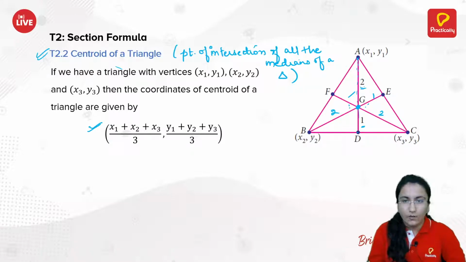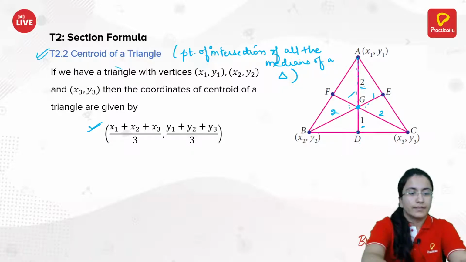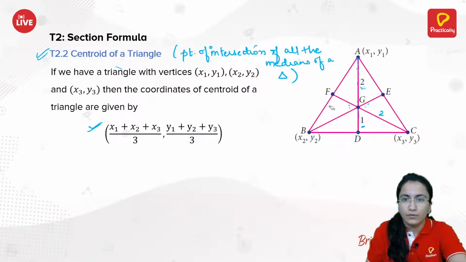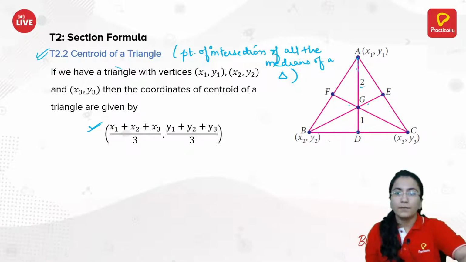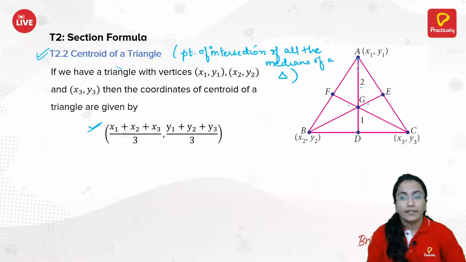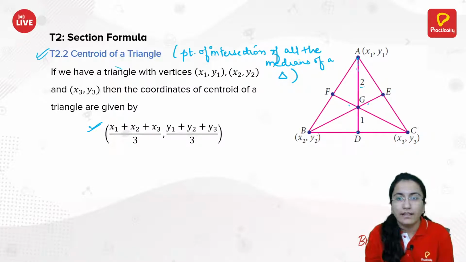Let's see how. Let's do all the modifications over here in the diagram. If you calculate the coordinates of point D, AD is the median of the triangle. That means BD and DC are the same.